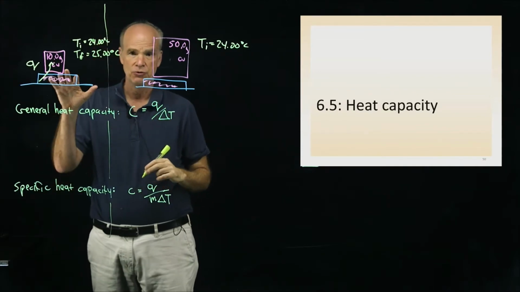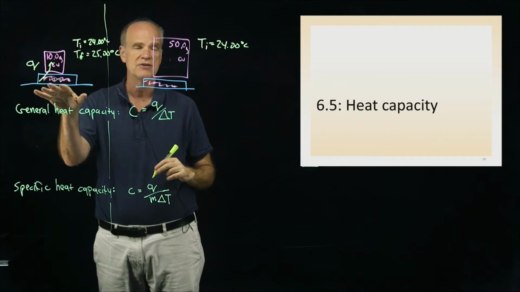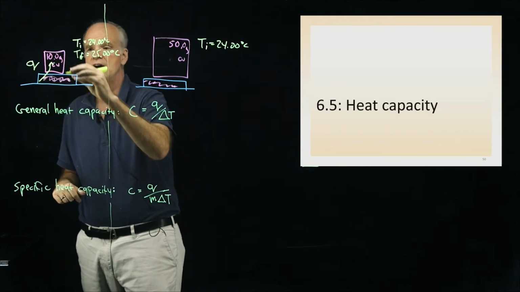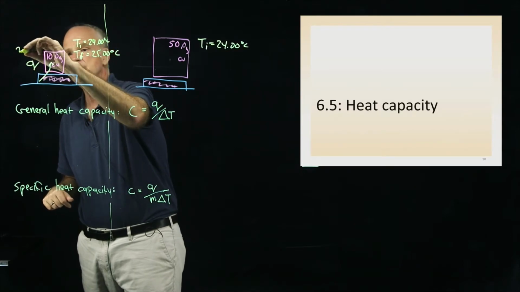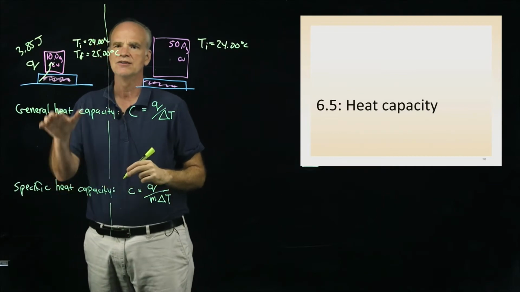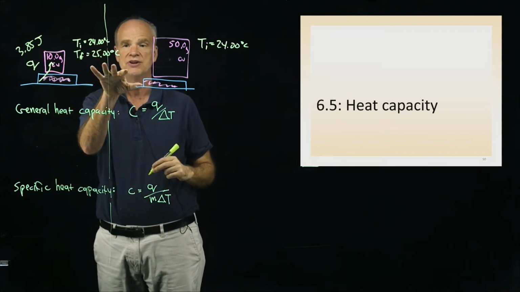Now, let's say you were able to somehow measure the amount of heat that went into the block. What you would find for the small copper block is that 3.85 joules of heat entered that block to raise it by 1 degree Celsius.